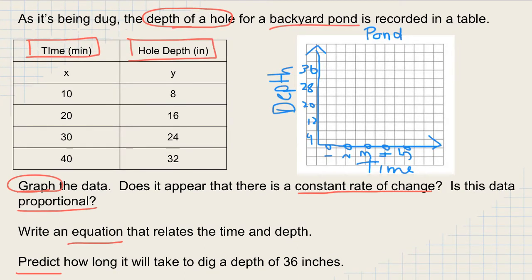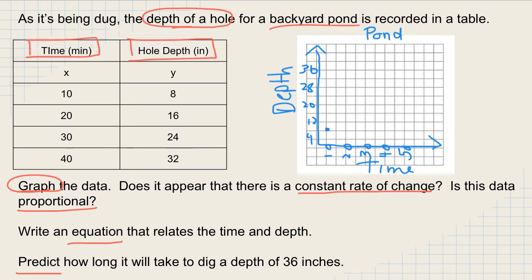All right, so I've got my graph set up. I have my title, pond. I've got my independent variable on the bottom, time, which should be in minutes. And then depth is going to be in inches. All right, so when I start to graph this, in 10 minutes, the hole depth will be 8.